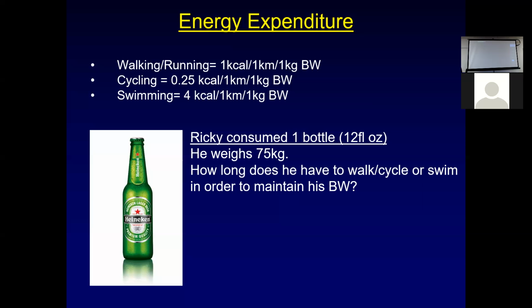And so if you can appreciate why obesity has become an issue in our country, imagine all you have to do. You don't have to be off by 50 calories a day.